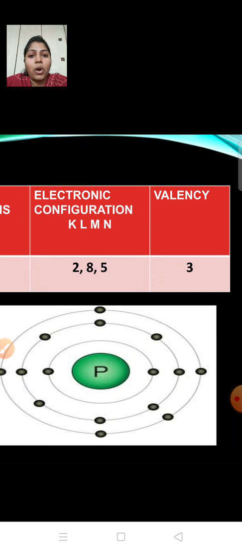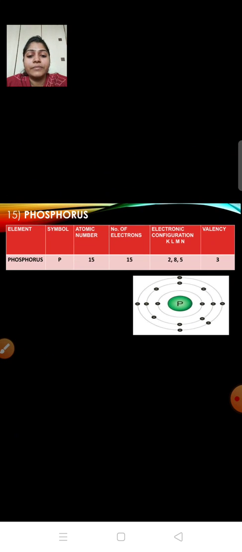Now to complete octet, phosphorus needs 3 more electrons in its outermost orbit. So phosphorus will accept 3 electrons and complete its octet and achieve stability. So the valency of phosphorus is 3.